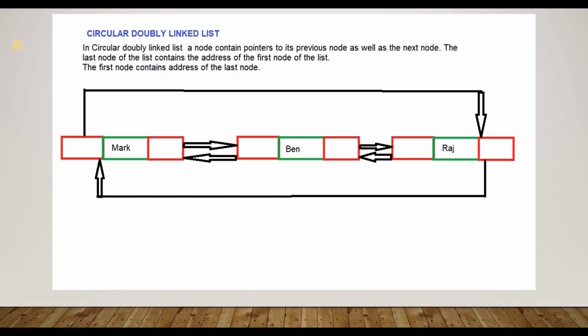In this example, you can see that the next pointer of the third node points towards the first node, and the previous pointer of the first node points towards the third node. So these are some of the different types of linked list we can use in programming.